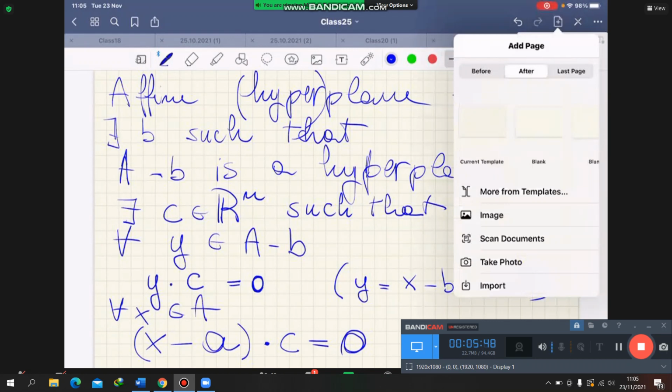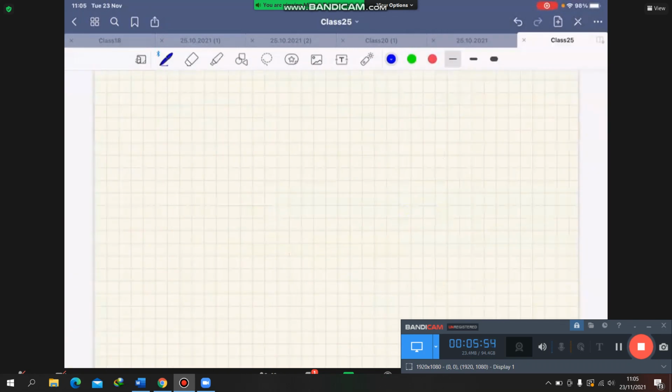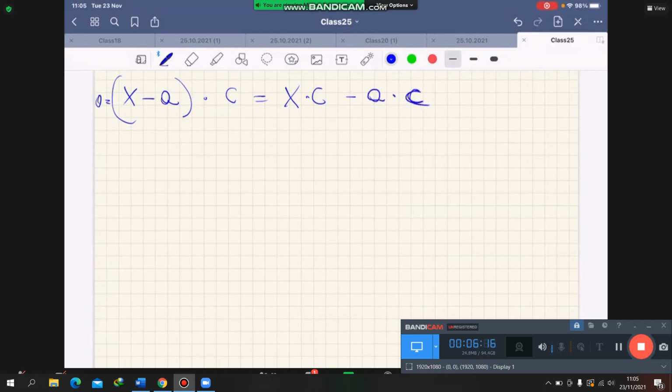Can I go on? But the scalar product of x minus b with c, which is equal to 0, is equal to x scalar product c minus b scalar product c.